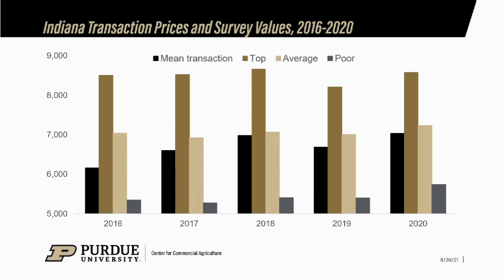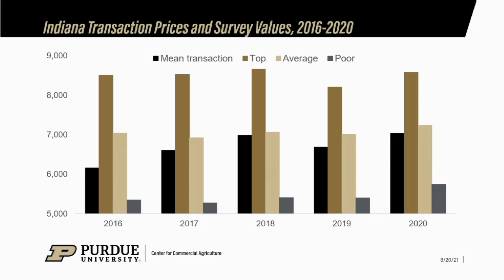We repeated this analysis at the regional level, but it's just the average value of all of the land that's transacted per acre. In the survey, we're able to explicitly ask about high productivity, average productivity, and poor productivity. We can't really split it that way with just the transaction record.